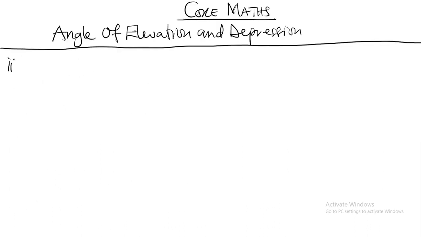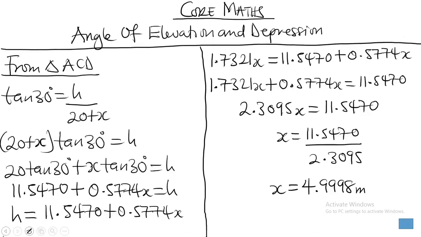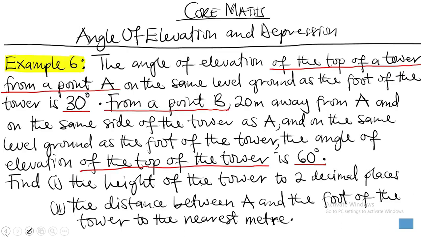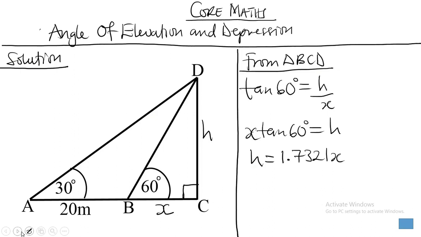The II, let's see the question. We are to look for the distance between A and the foot of the tower. Looking at the diagram, you realize that it's going to be the 20 plus x, which is AB plus BC.